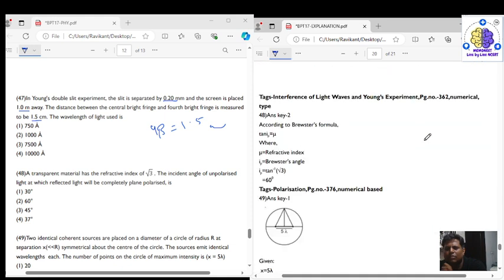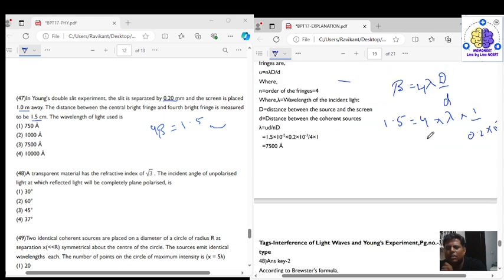Question number 47, right? So lambda will be equal to 1.5 upon 4 into 0.2 into 10 to the power of minus 3. Solving this, you will get lambda is equal to 7500 angstrom, right?